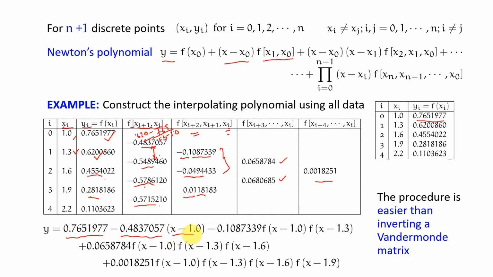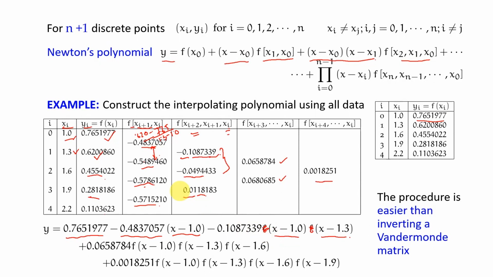x0 is 1, so x minus 1. Then (x minus x0) multiplied by (x minus x1) into f[x2, x1, x0], the first of the second finite differences, so this is minus 0.1087 multiplied by (x minus 1) and (x minus 1.3).